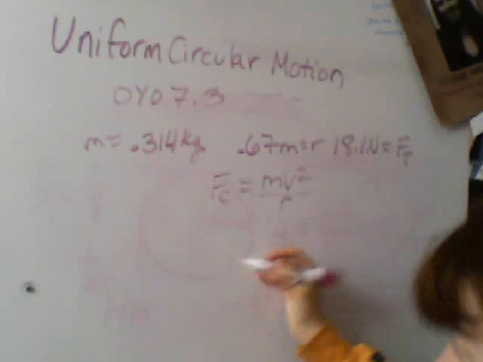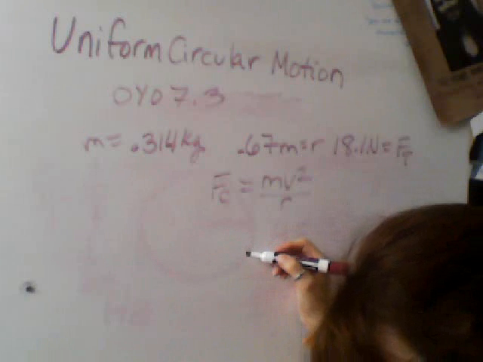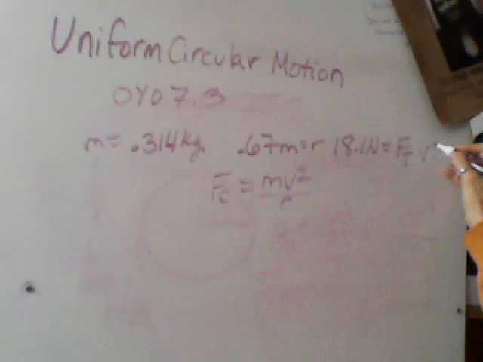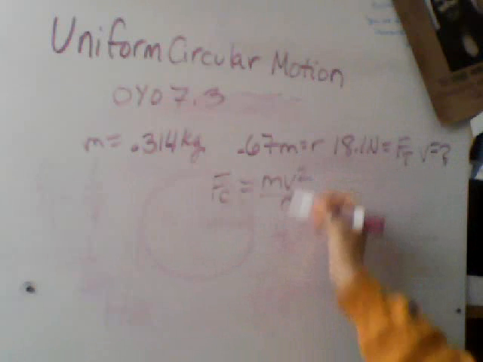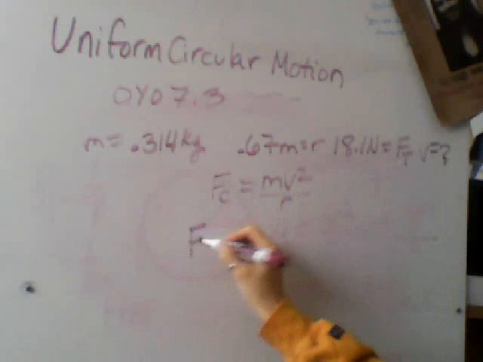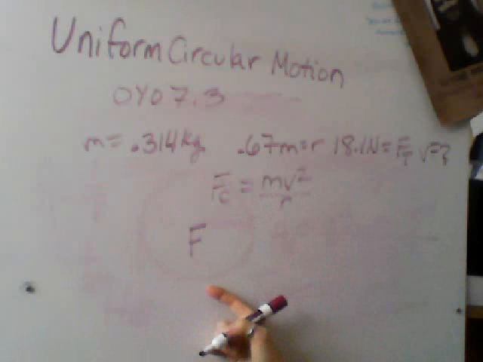And so we know that we can rearrange, we can plug in here for the force, we're trying to solve for the maximum speed. So we're going to rearrange this formula to solve for the velocity. Since we have circular motion, we know that the tension on the string is going to be equal to the centripetal force.